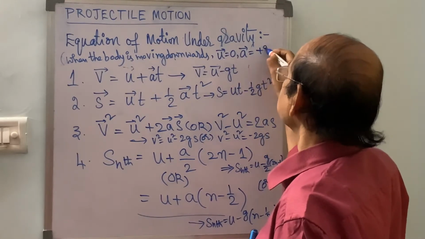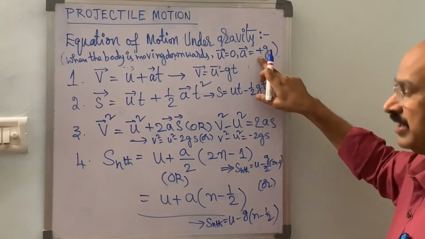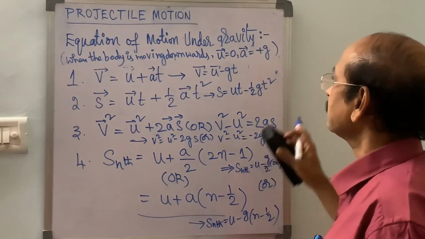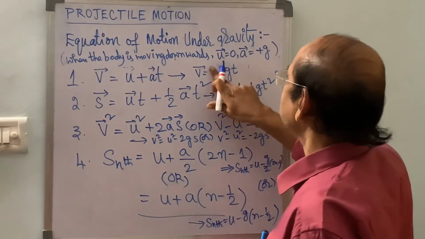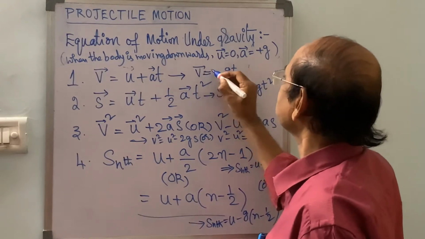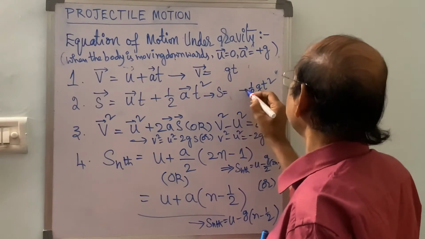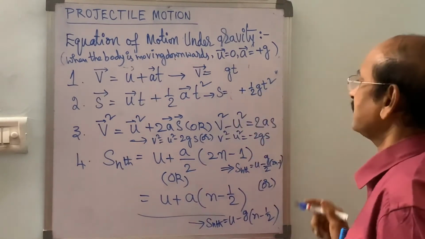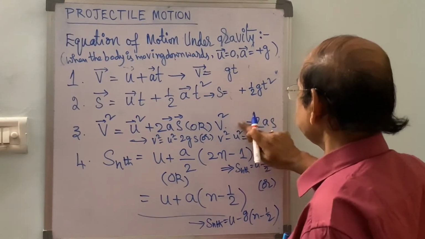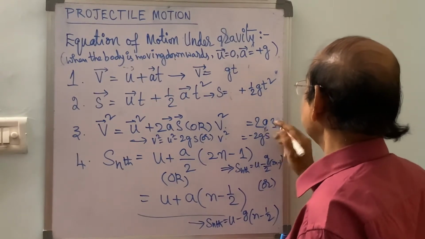Acceleration is taken as plus g as its velocity gradually increases for every second by 9.8 meters per second. Now in this case, this equation becomes v equal to gt, and s equal to, since u equal to 0, s equal to half gt square, and v square equal to 2as. Here 2as becomes 2gs.